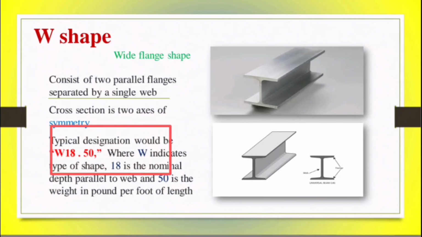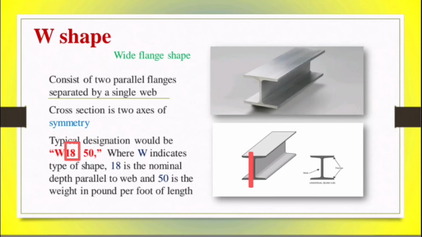The typical designation is W18x50. W represents the shape of the structural steel, meaning I-shape steel section, and 18 represents the nominal depth.